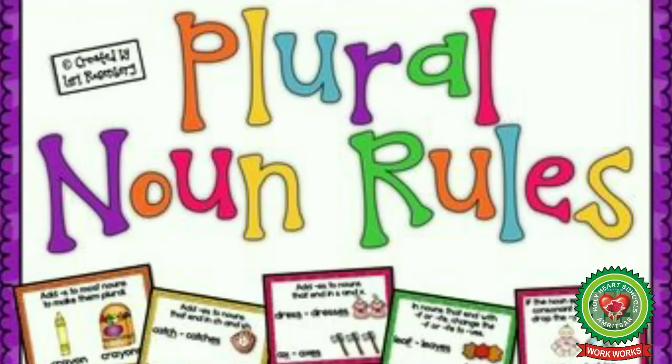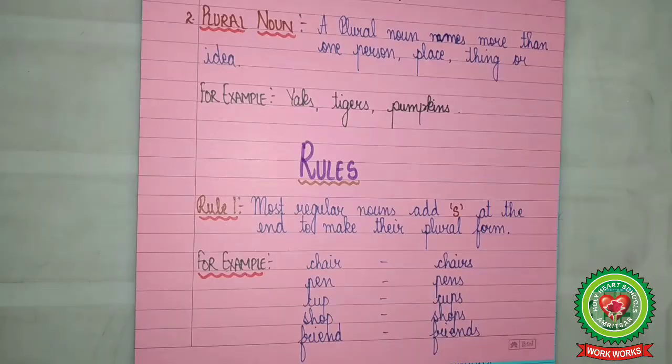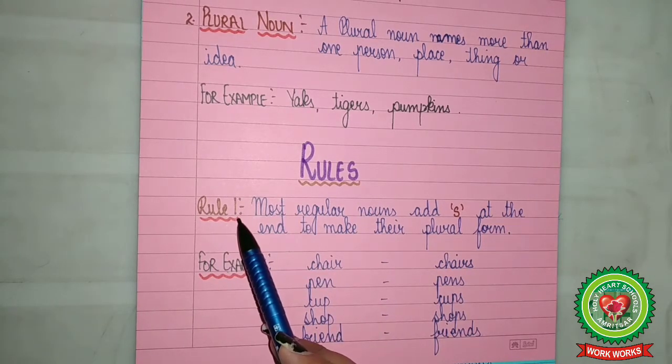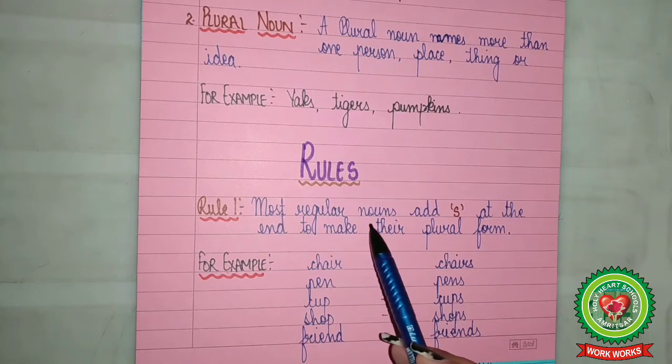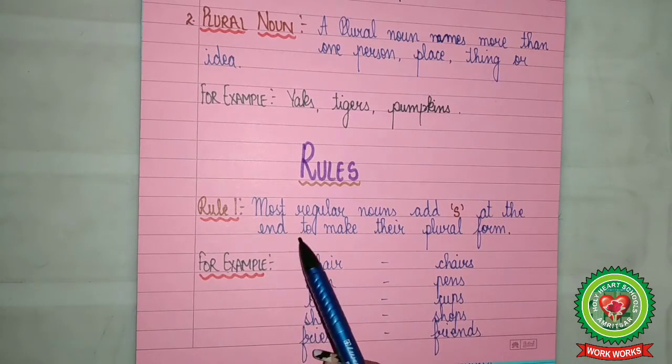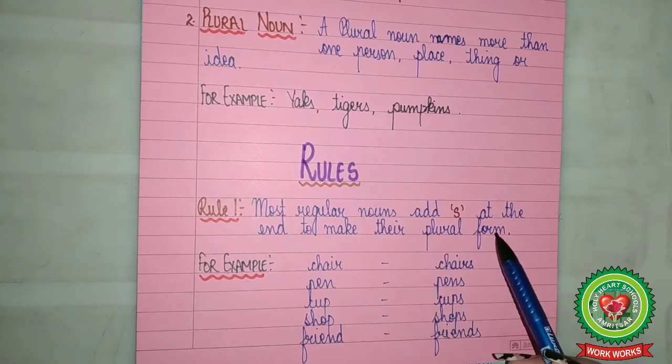Now we will discuss how to make plural nouns from singular nouns. We have to follow some rules for making plural nouns from singular nouns. Now let us study these rules in detail. Let us begin with rule 1. Rule 1 says most regular nouns add s at the end to make their plural form.